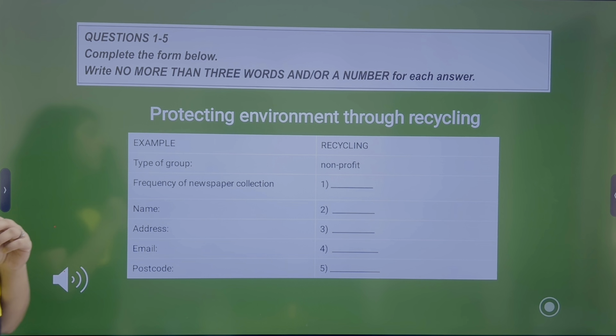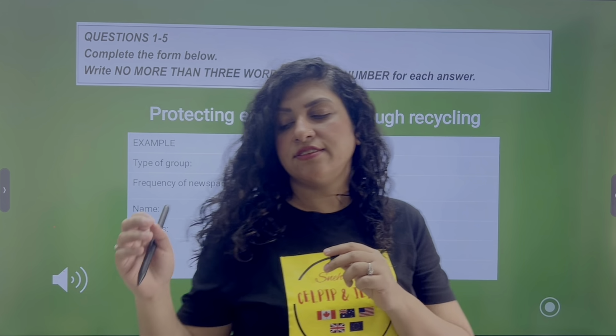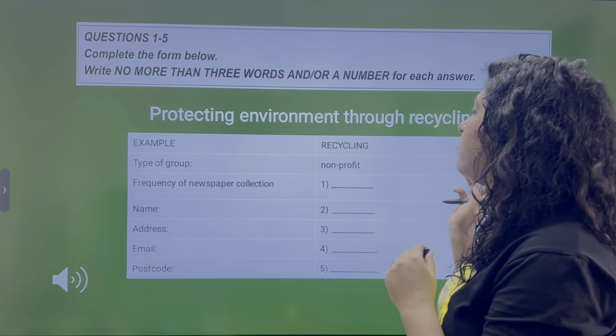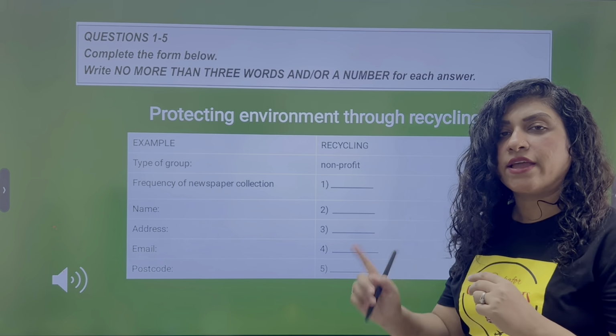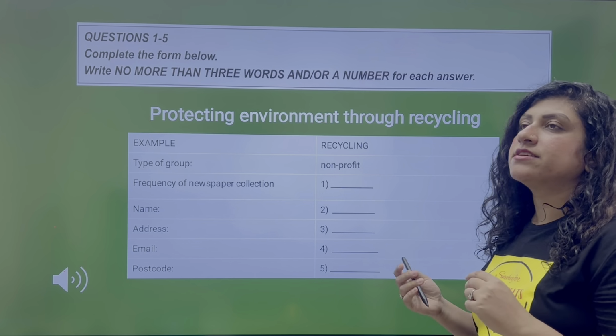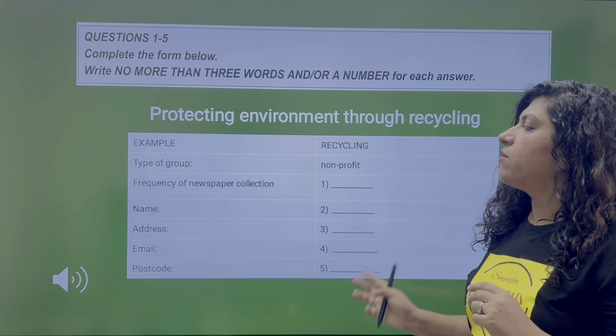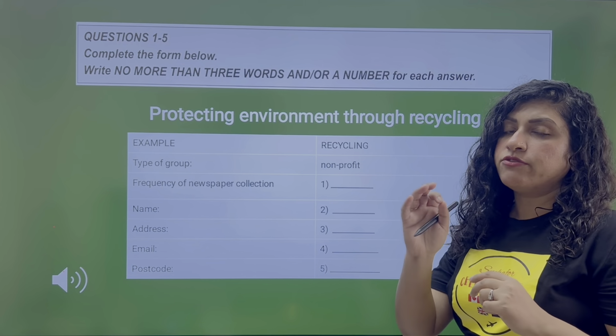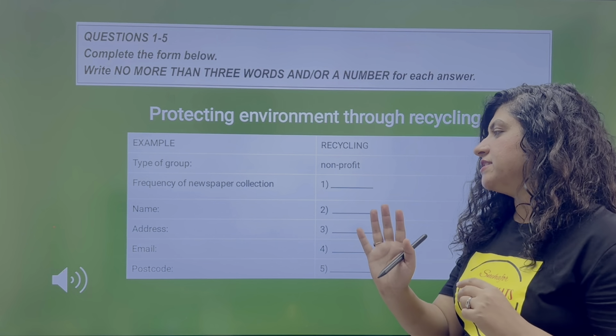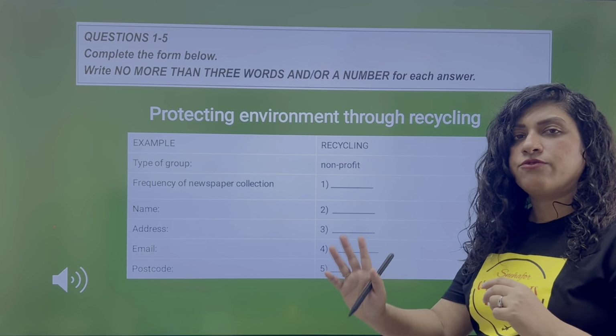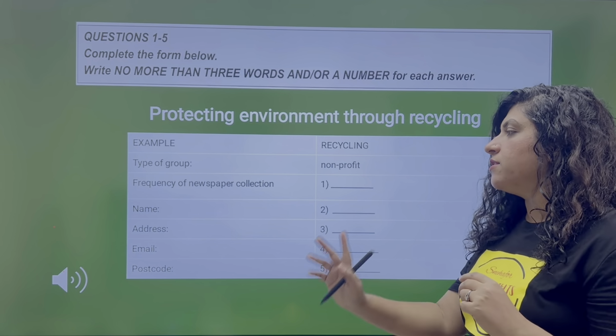So here the audio, it very clearly says what this information is going to be about, and then it says that you will get some time to read the questions 1 to 5. So now you have to utilize this time very wisely. Just look at the type of information that you're going to focus on in the audio.